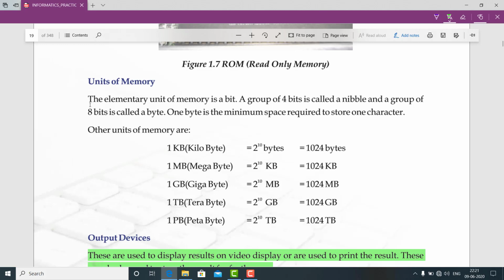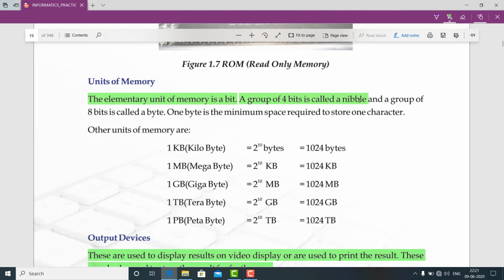So first we understood the definition. The elementary unit of memory is the bit. The basic elementary unit of memory is what? Bit. And a group of 4 bits is called a nibble.